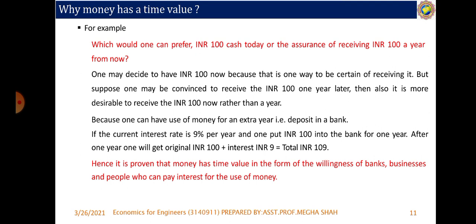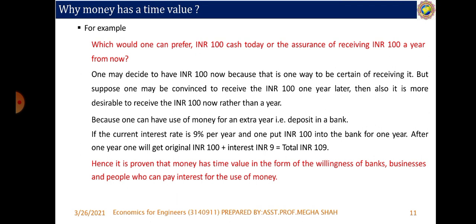So at the end of the year I am getting 100 rupees as interest. In this way my capital is fixed, and based on that capital I am getting interest.